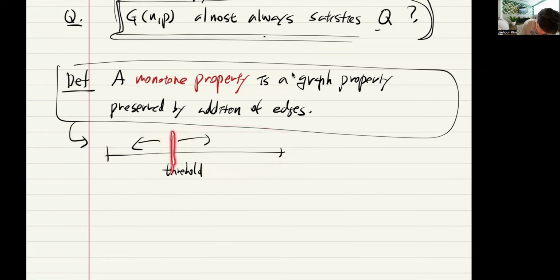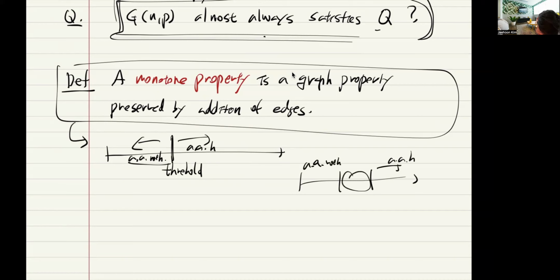Maybe there is a thin threshold where above it the property almost always holds, and below it almost always does not hold. Or it could be that there are some bands where it almost always holds, almost always does not hold, and in between we don't know. Not that we don't know, but it holds with probability 30% and 70% it doesn't hold. So there could be different behaviors.